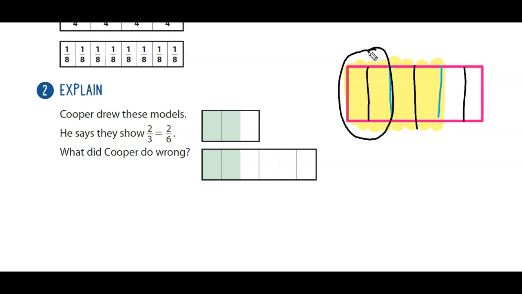If what he was supposed to do was this, then it would be equal to 4/6, not 2/6. The fraction bars are not divided evenly. This is 2/6. That is correct, which is actually equal to 1/3, not 2/3.